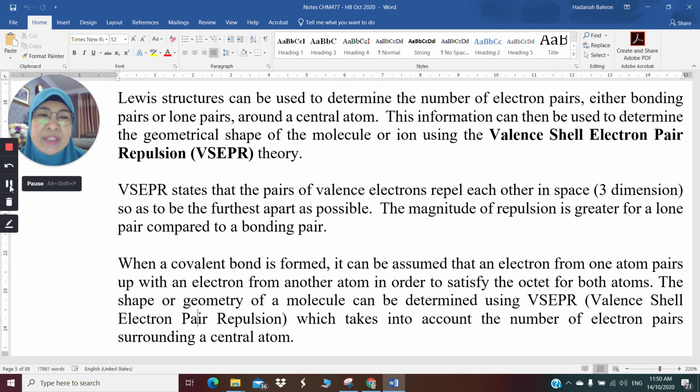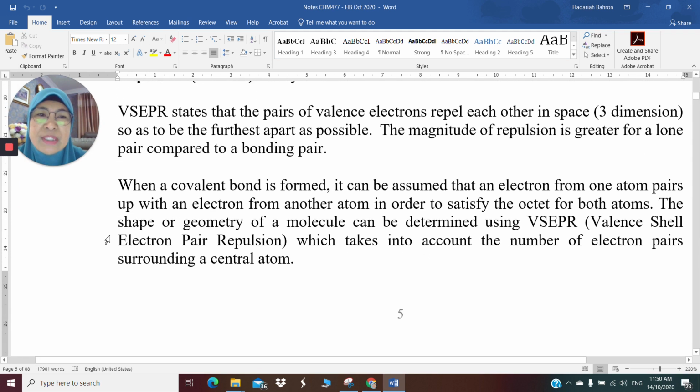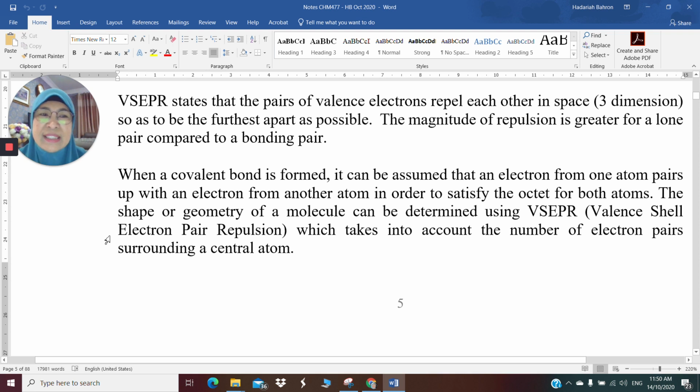Now, VSEPR states that pairs of valence electrons repel each other in space in 3 dimensions so as to be furthest apart as possible. So when you have more than one pair of electrons in the valence shell, those pairs will try to push each other away as far as possible to minimize repulsion.